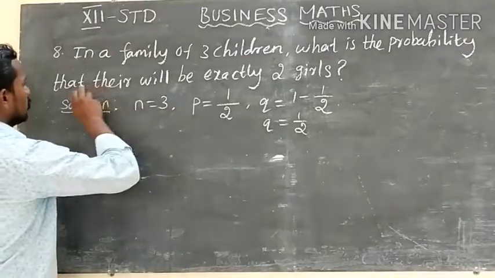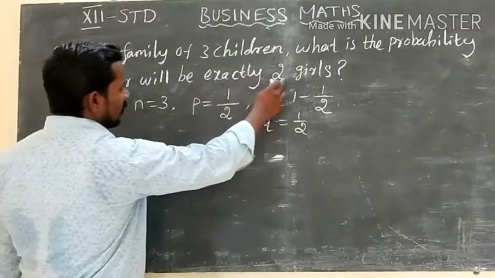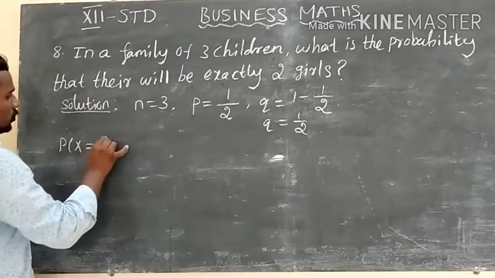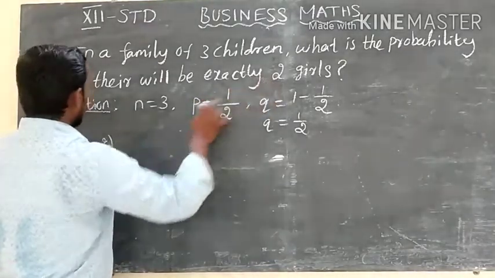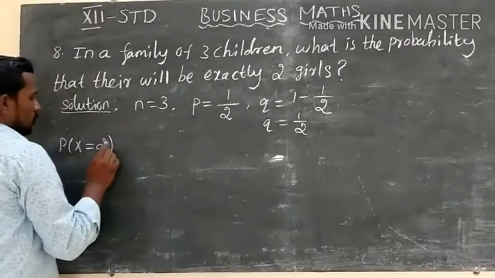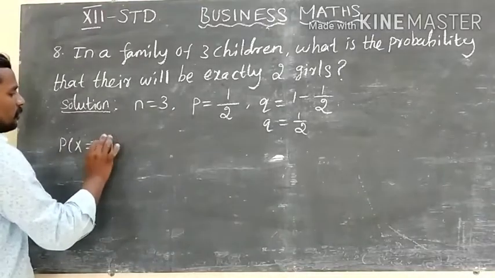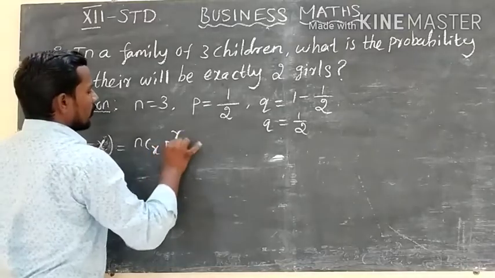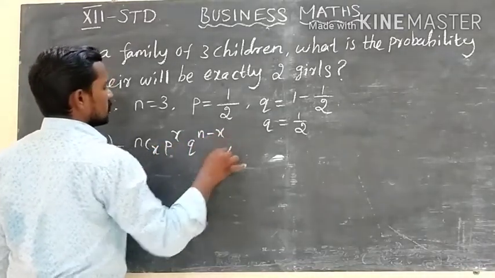Then the question: the probability that there will be exactly 2 girls, P of x is equal to 2. So exactly 2 means x is equal to 2. Before we start, write the binomial definition. P of x is equal to nCx, p power x, q power n minus x.